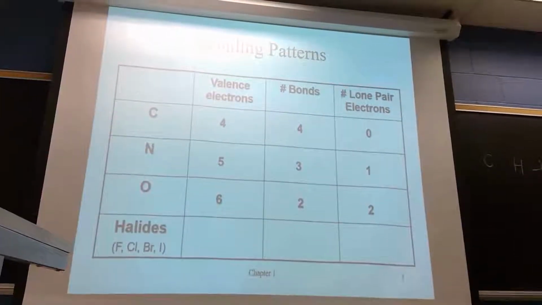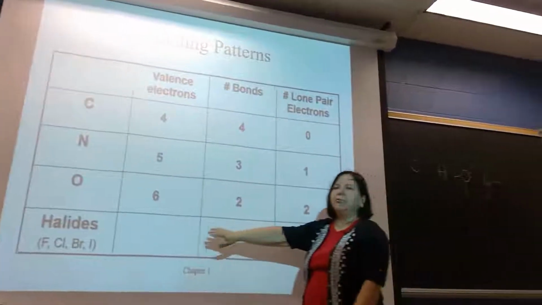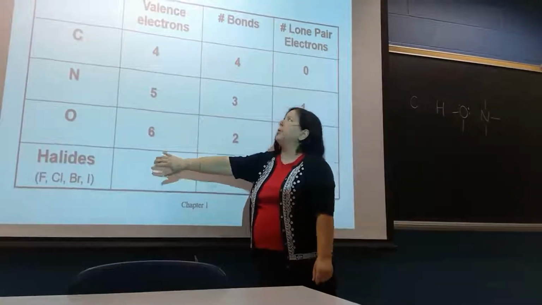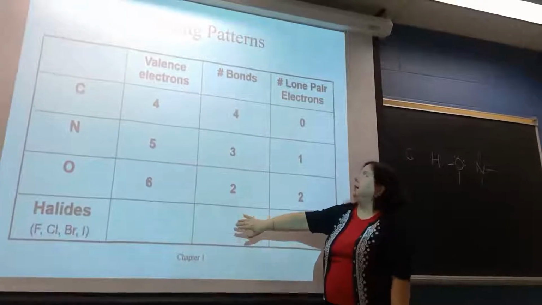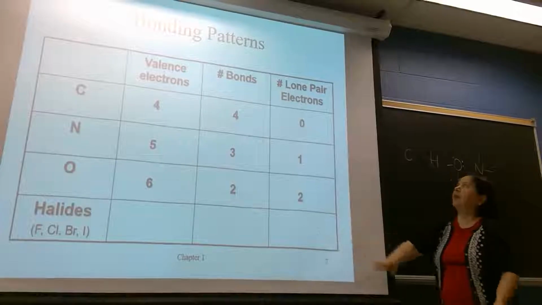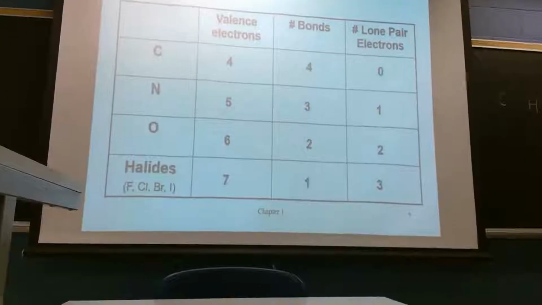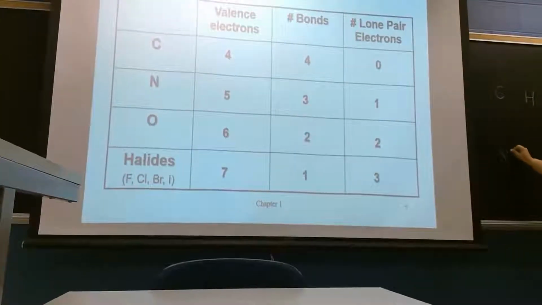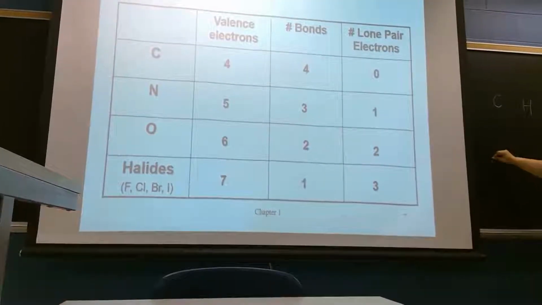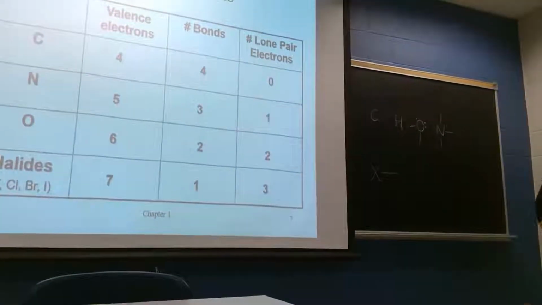And halogens. How many valence electrons? Group 7, so 7. And how many bonds? Neutral 1. And how many pairs? 3. So for the halogen, I will put X, it can be any of these. 1 bond, so 3 pairs or 6 electrons.